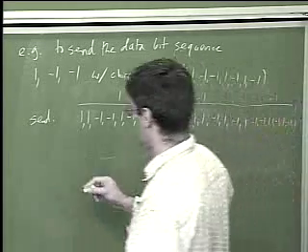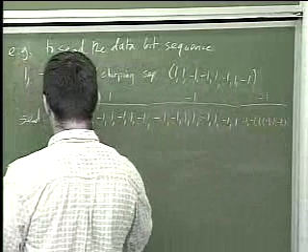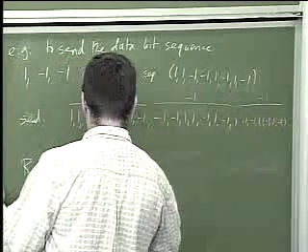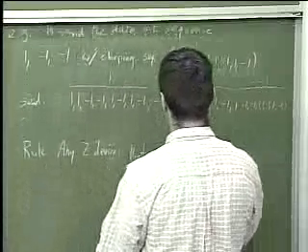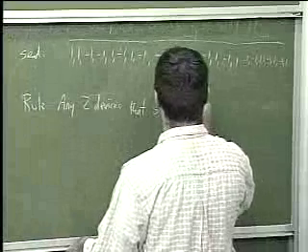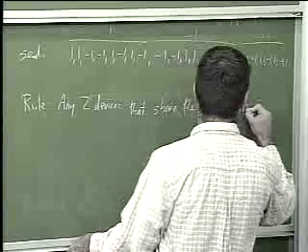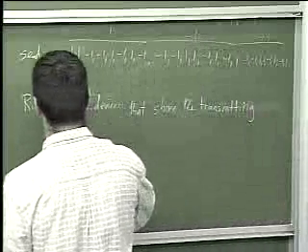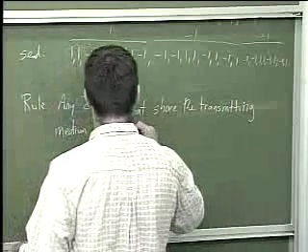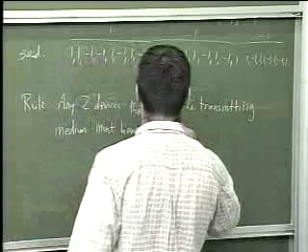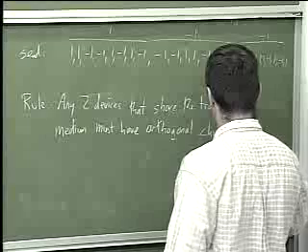The rule that we'll need is that any two devices that share the transmitting medium must have orthogonal chirping sequences.